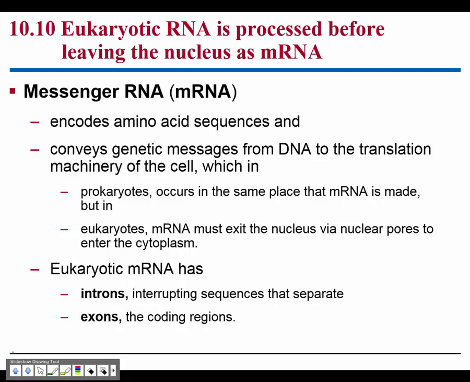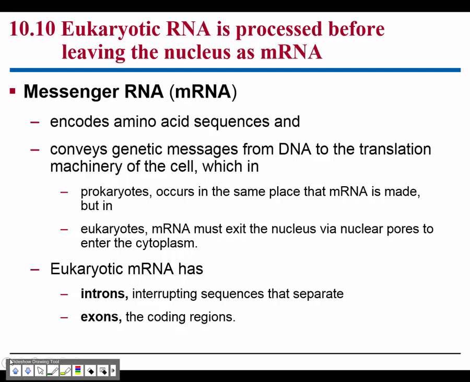mRNA, messenger RNA, right? There's lots of different types of RNA, but mRNA, messenger RNA, encodes amino acid sequences, and then it takes that genetic message into the cell. And so in eukaryotes, our RNA has to exit through those pores.